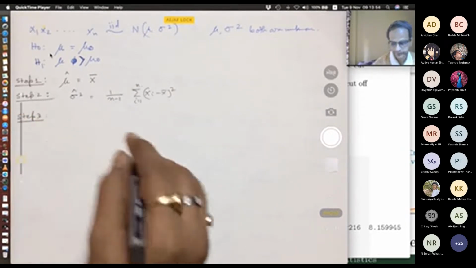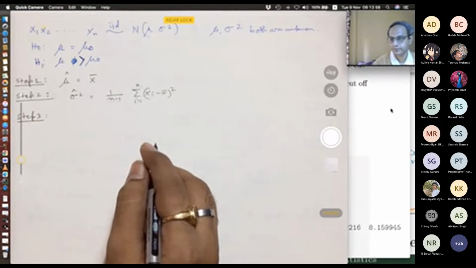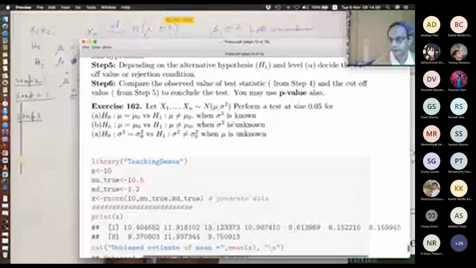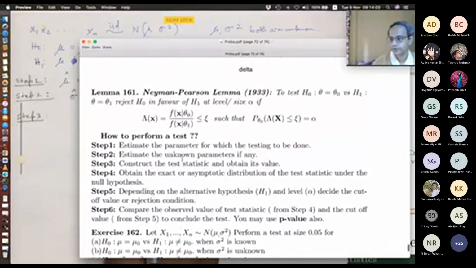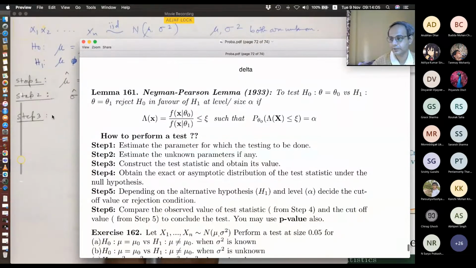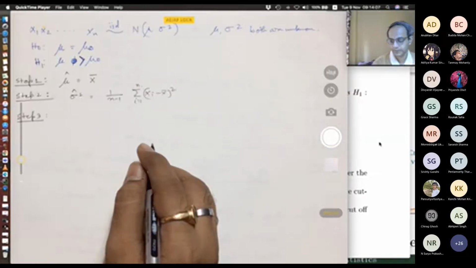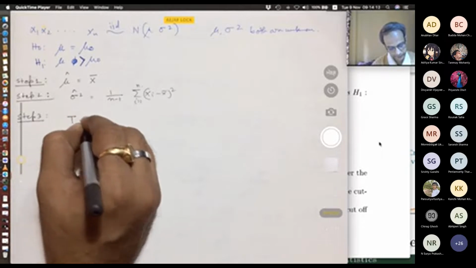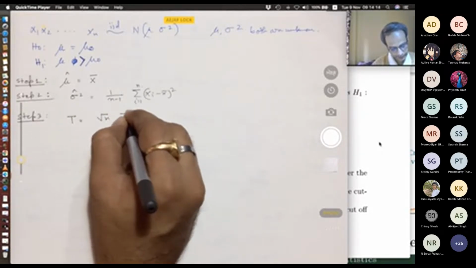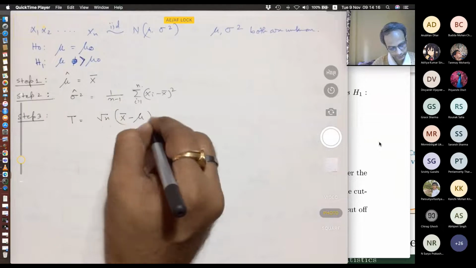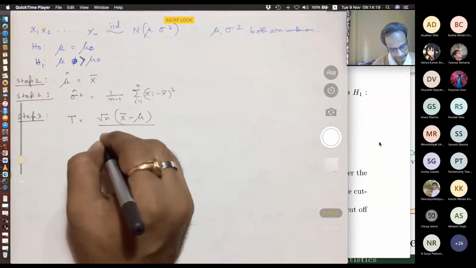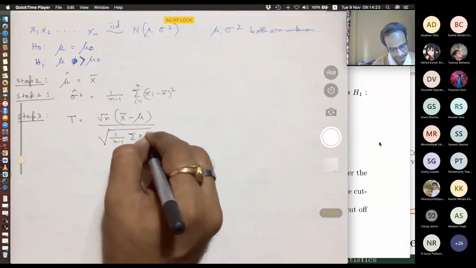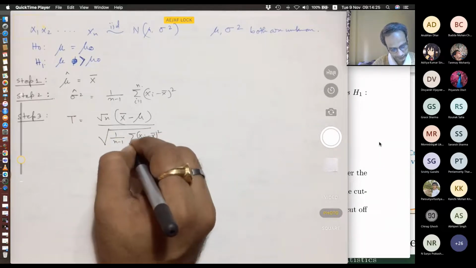Then step 3, what you need to do? Construct the test statistic and obtain its value. So the test statistic I am constructing in this way: t equals root n times x bar minus mu, divided by this quantity, square root of 1 by n minus 1 sum over xi minus x bar whole square.